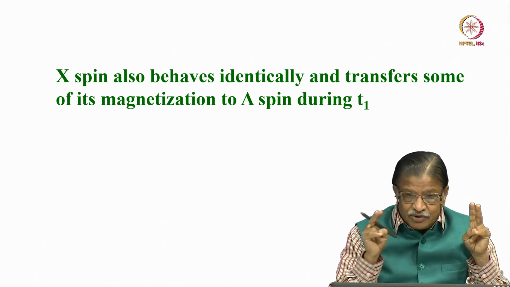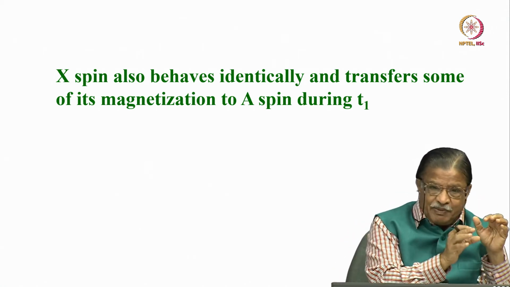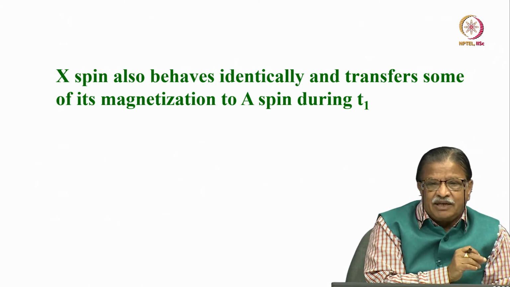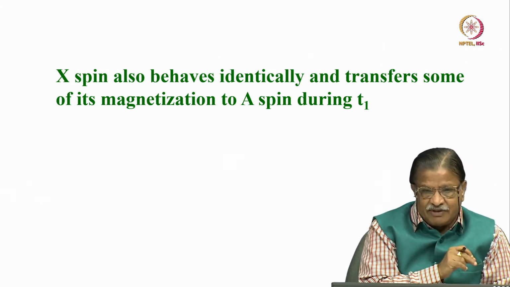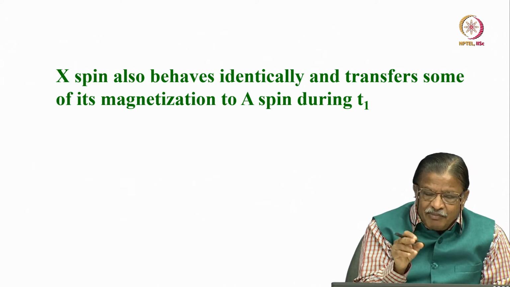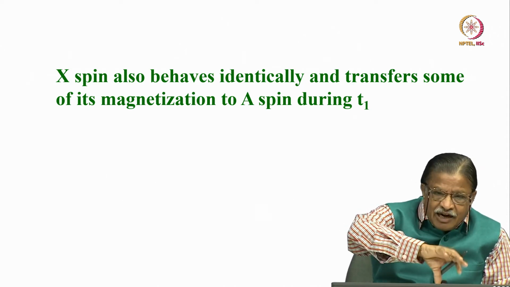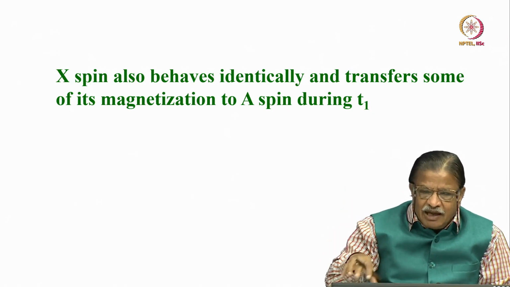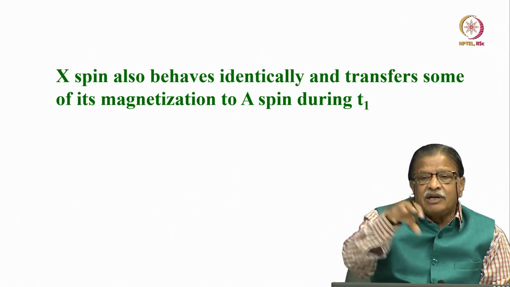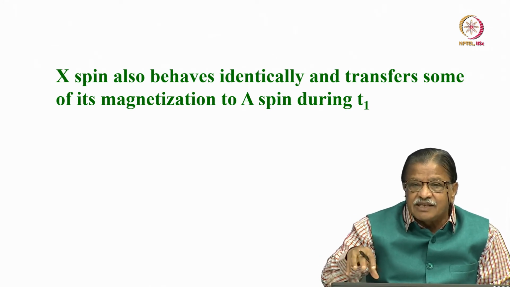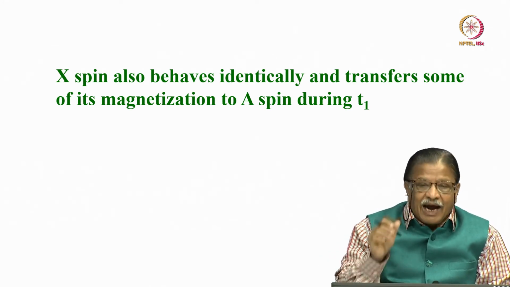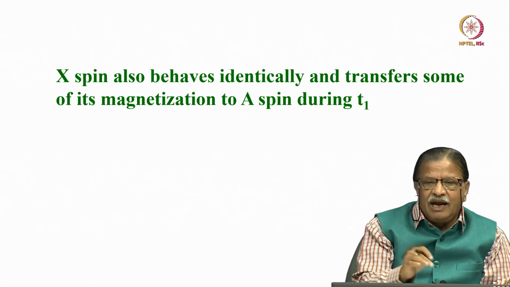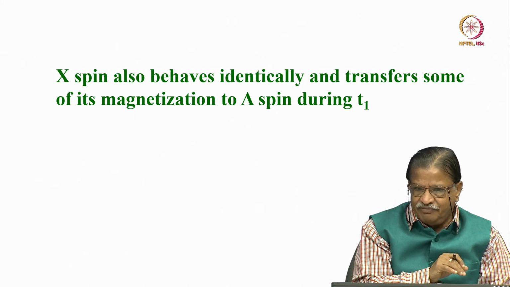You understand? Now, two things you have to understand. A spin was coupled to X. A will evolve in the T1 dimension at its own chemical shift frequency. During the mixing, it gives its energy or polarization to X spin. So, it evolves not only at its frequency, but also at the frequency of X to which it is coupled. Identically, spin X evolves during T1 at its own chemical shift frequency.